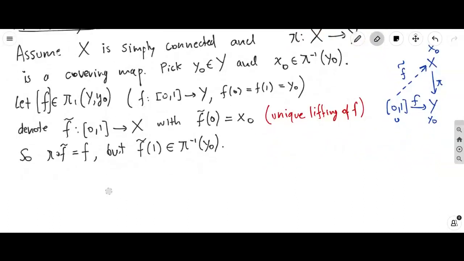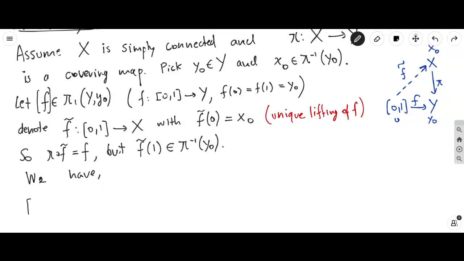So what does the theorem say? So this is the monodromy theorem. We have the following relationship: F is path homotopic to G. So maybe I should say it like this.